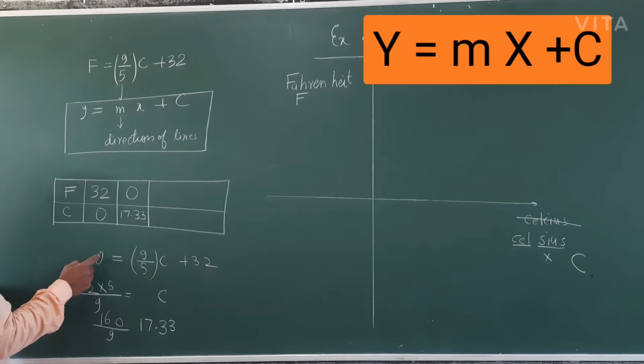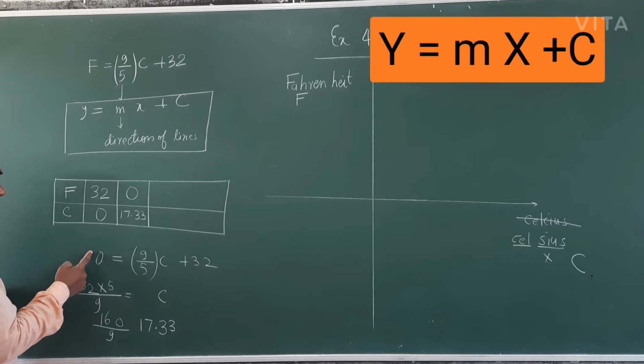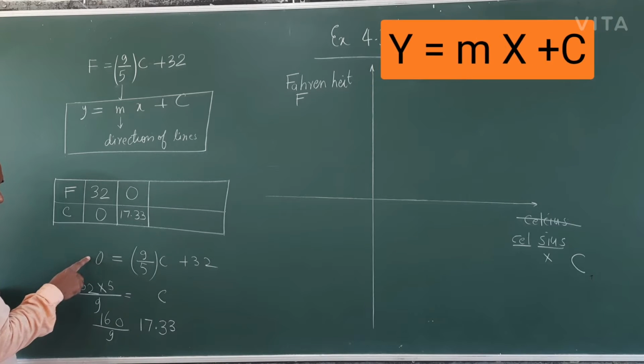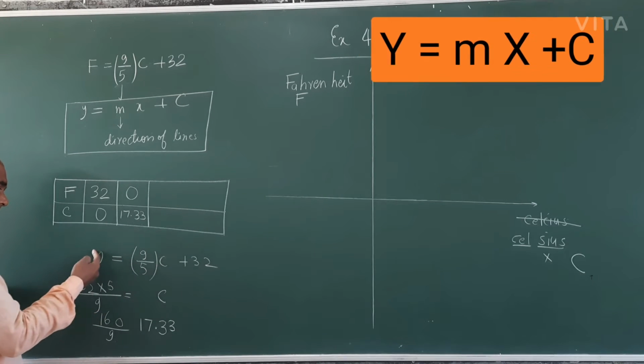So take a value such that 9 divides it, like 36 or 27, so it will be divided.